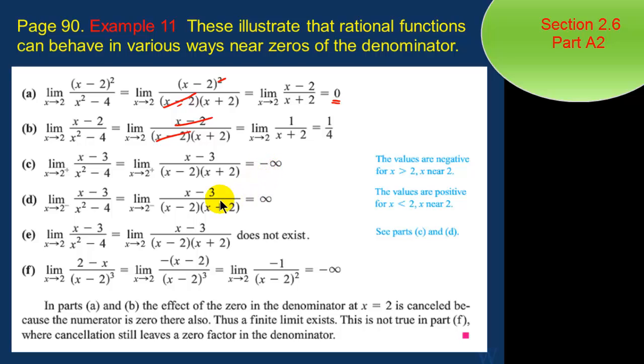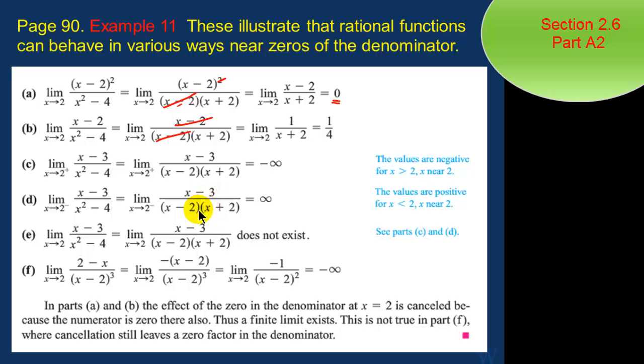On the other hand, if we take the limit of the same one as x approaches 2 coming from the left, then this is still negative, and the denominator is negative, close to 0, and the other factor is just some positive value close to 2 for the x.